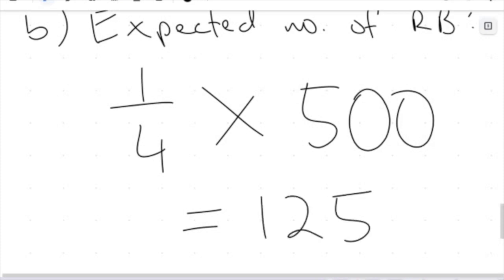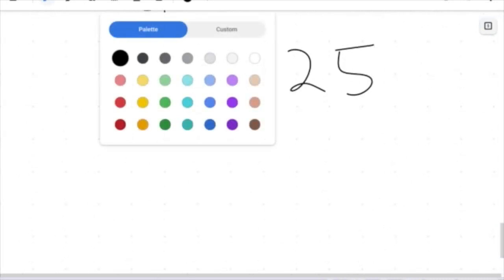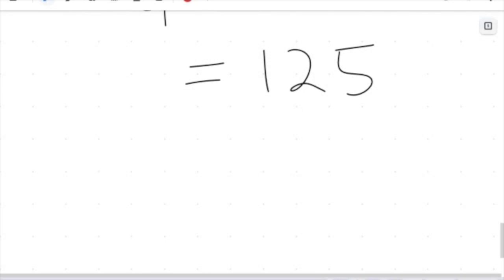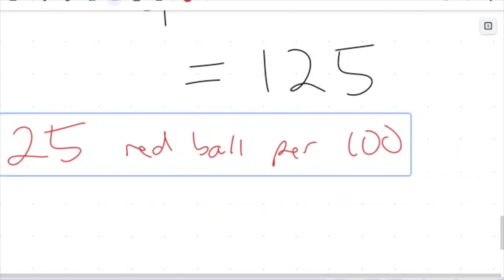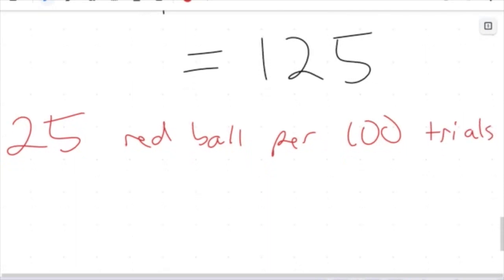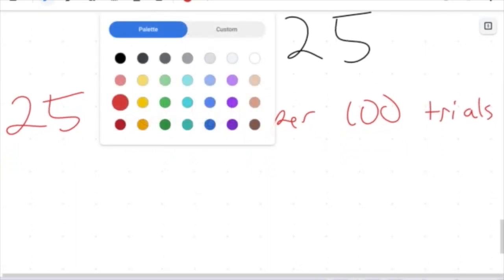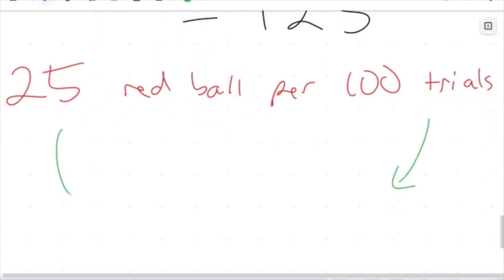125. Another way you guys can think about it, if you want, is we can think of this as saying, well, I have 25 red balls per 100 trials. Let's think of it like this. Per 100 trials. And we want to extend this to 500 trials.